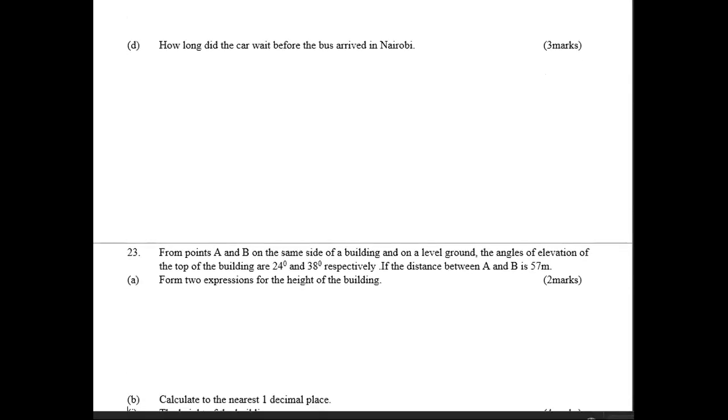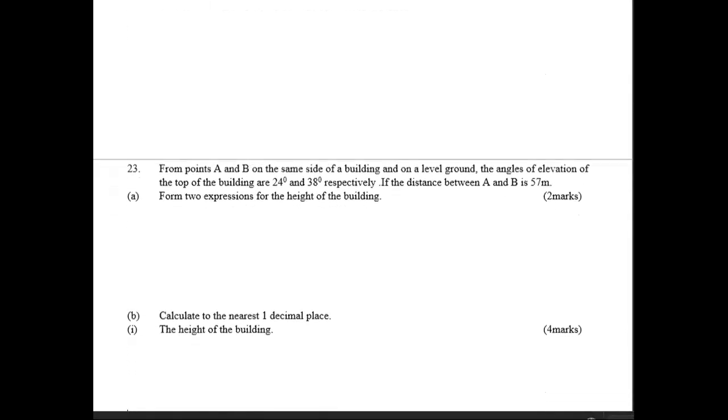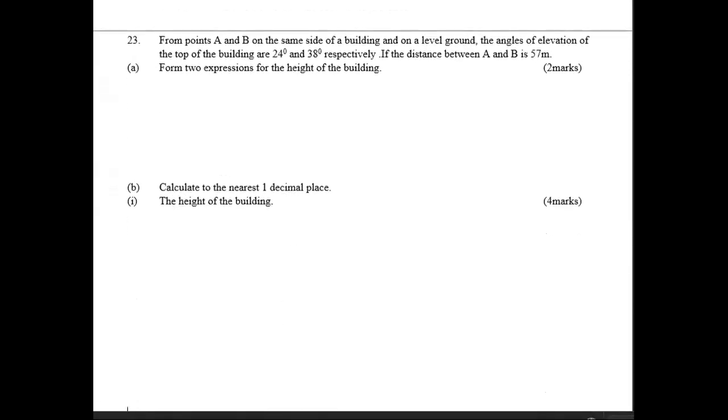Very clear. I hope people have followed, and that is it. Having done that, the height of the building, they want us to find the difference in distance between the top of the building and the points A and B. Sorry, you moved fast.